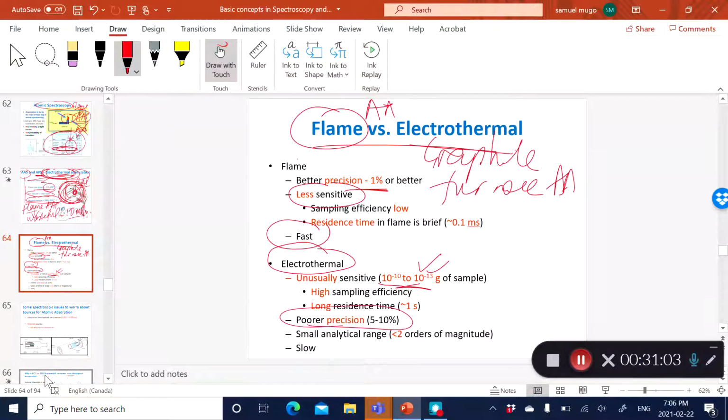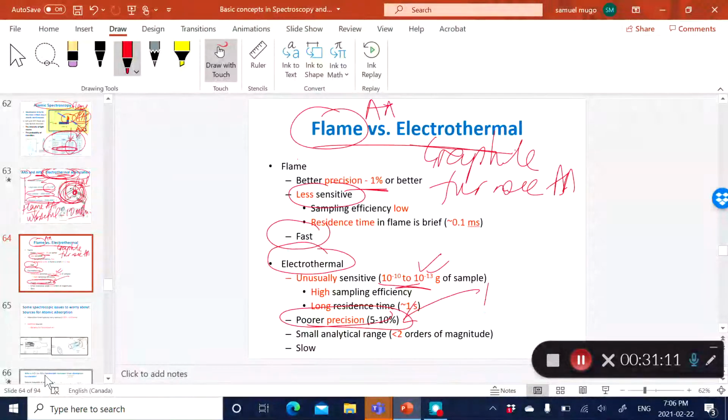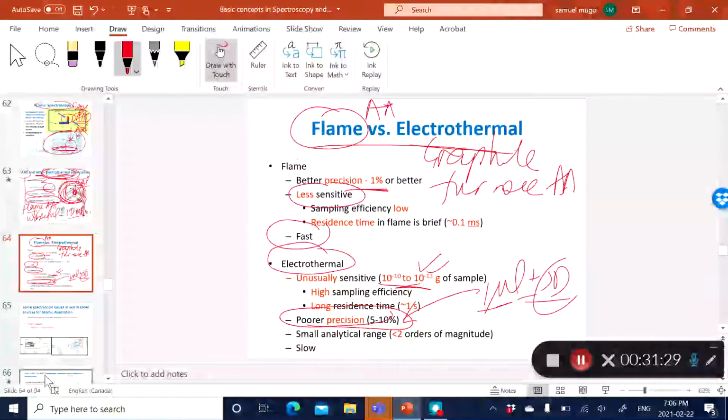Unfortunately, you get poor precision, because of the different types of steps that I talked about, and the fact that you're depositing very small amounts of sample. Anytime you use very small amounts of sample, the standard deviation of that sample volume is fairly high, and that impacts your precision. So electrothermal vaporization is not as precise compared to the flame.